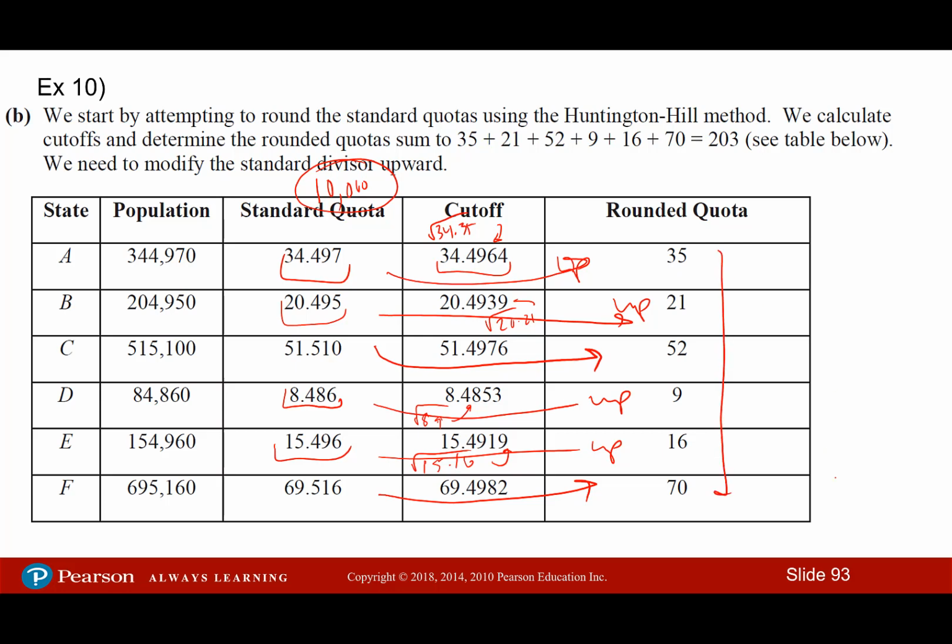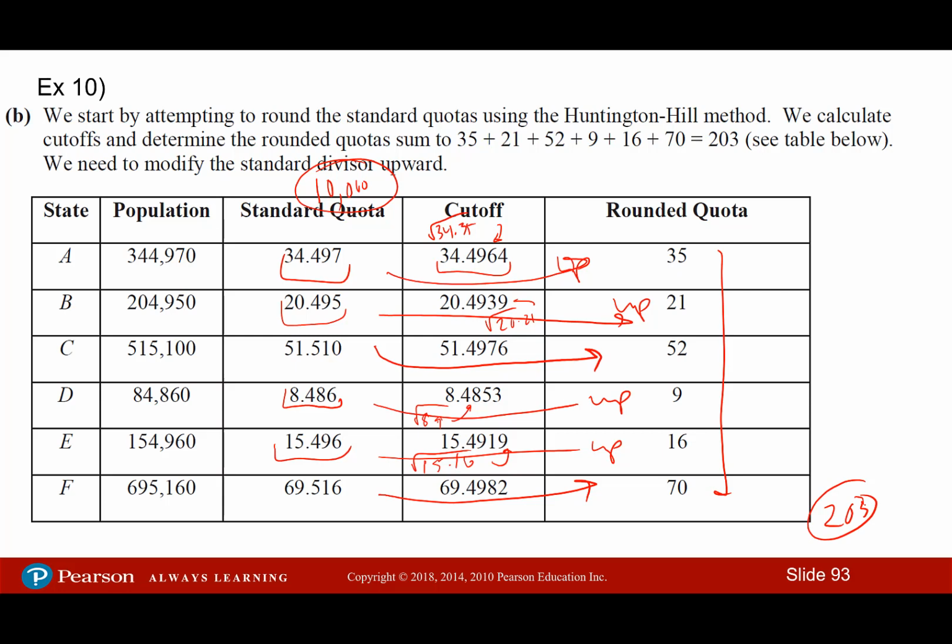Let's see, that's 35 plus, oh, let me get my calculator going here, plus 21 plus 52 plus 9 plus 16 plus 70. And if you do that, it gets you 203, which is too much. There's 3 extra seats.